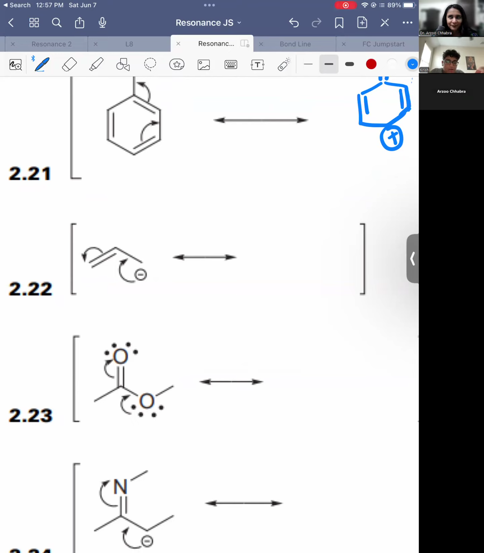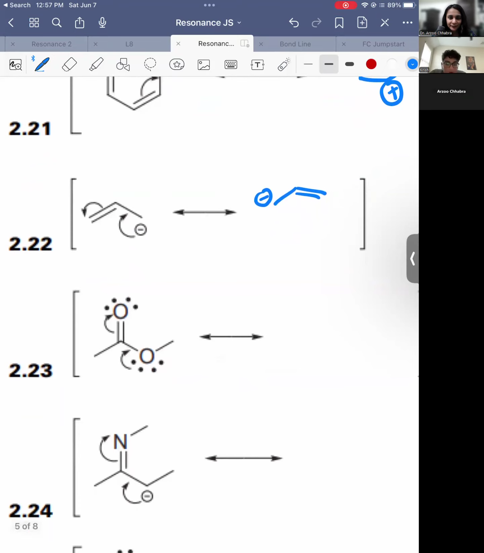The double bond will then go to the carbon on the left end, and it will be a mirror image here. So then we'll get a negative charge here and a double bond here. And that's what you said, right?